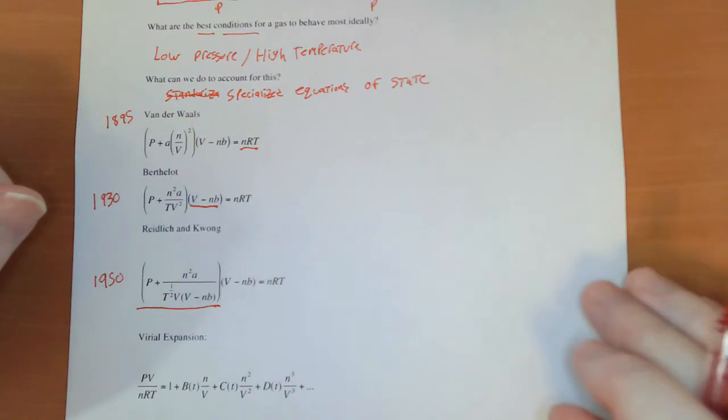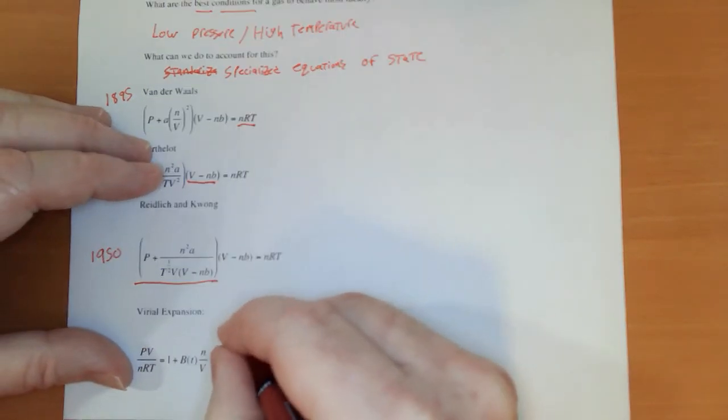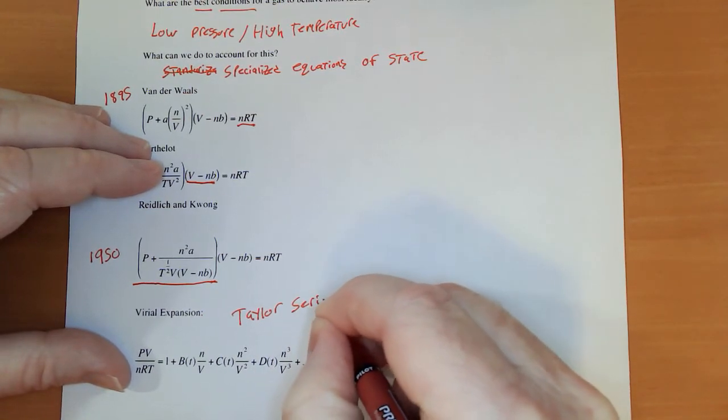Now, for my work in college, it was based a lot on something that my professor had looked at in the 1960s and 70s in using something called a Taylor series. You might have heard of that in calculus.